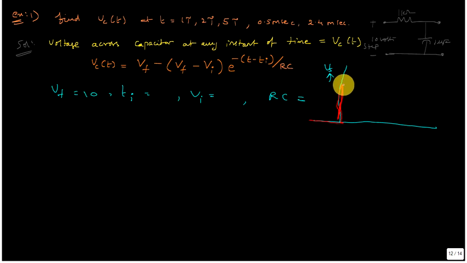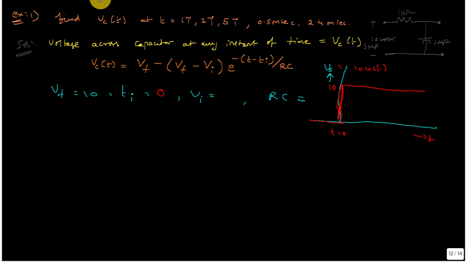Simply it is 10 into u of t. Vs is equal to 10 times u of t. u of t starts at t equal to 0 and it maintains 1. 1 into 10 means 10. So when you are applying the 10 volts at t equal to 0, this 0 is nothing but Ti.